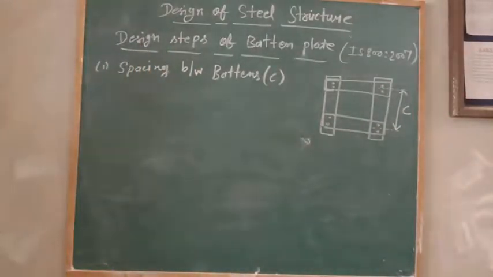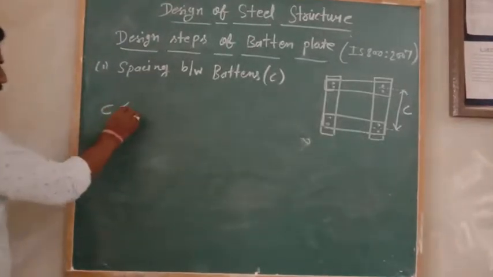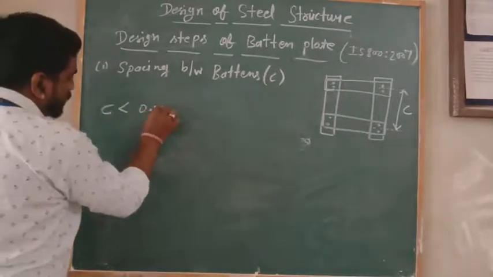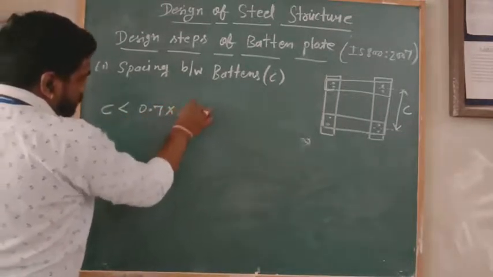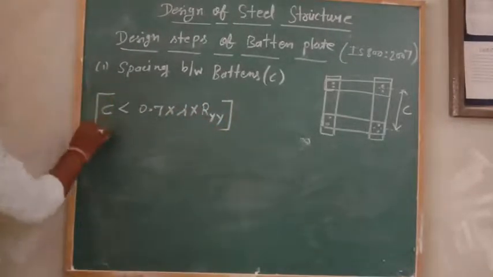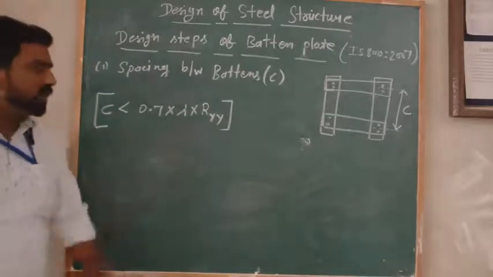How can we find the value of C? C is always less than 0.7 lambda Ry, that is 0.7 multiplied by lambda multiplied by Ry. Lambda is the slenderness ratio and Ry is the radius of gyration in the y direction.